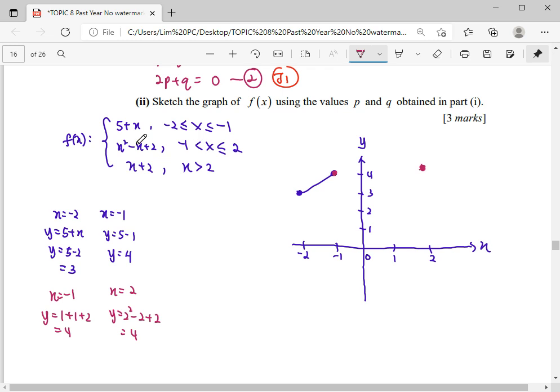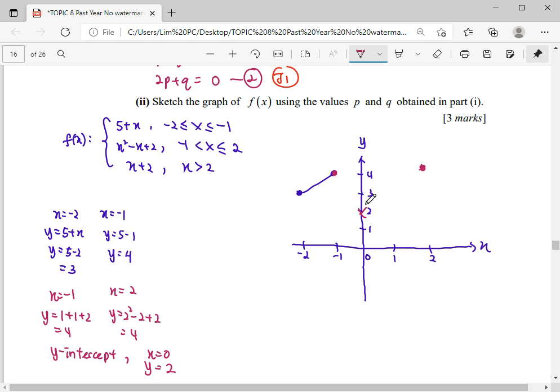It is a quadratic. So when we draw our quadratic, the smiley graph, we want to make sure the graph intersects my y-axis, so I have to find the y-intercept, when x equals 0. When x equals 0, the y-intercept equals 2.